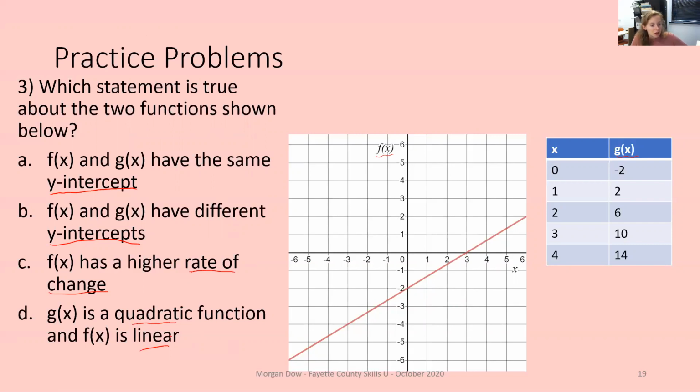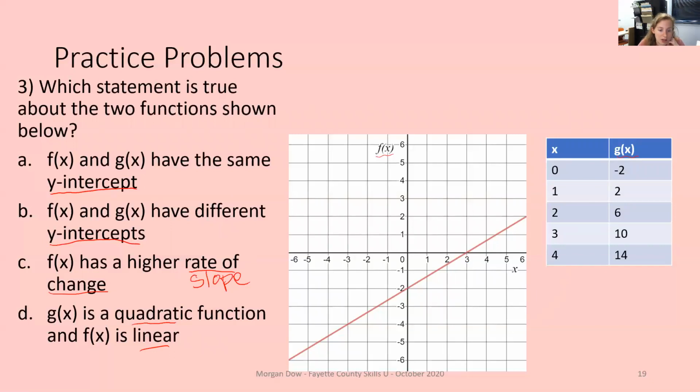Okay. So first thing I'm going to do here, I'm going to do the thing that I think will be the easiest first, because we've talked quite a bit about rate of change, or slope. It's another word for rate of change.